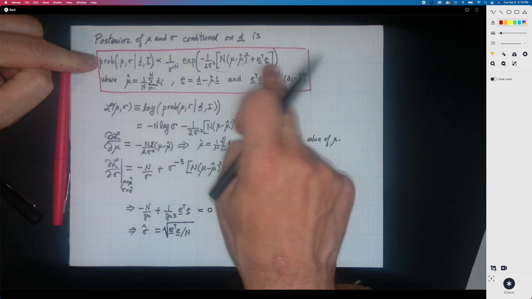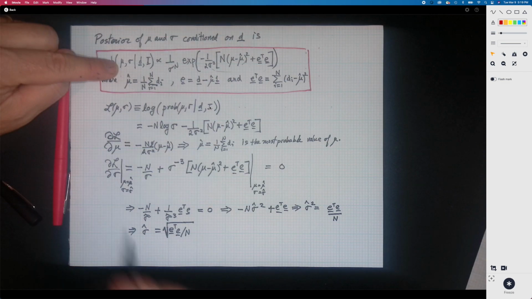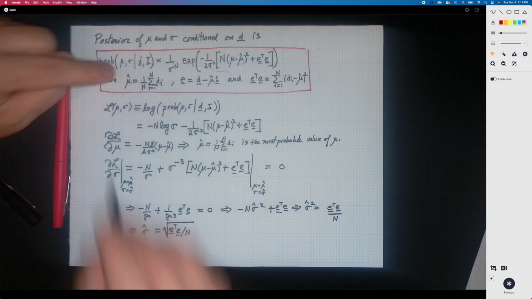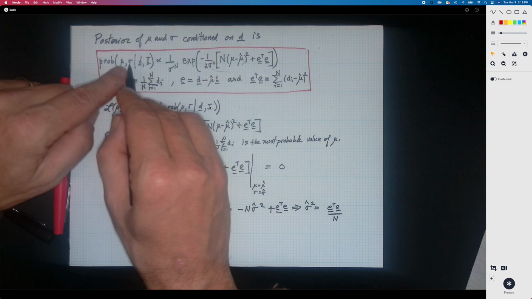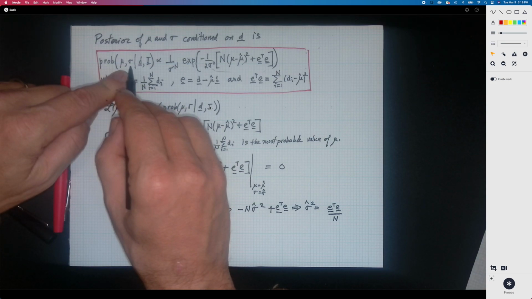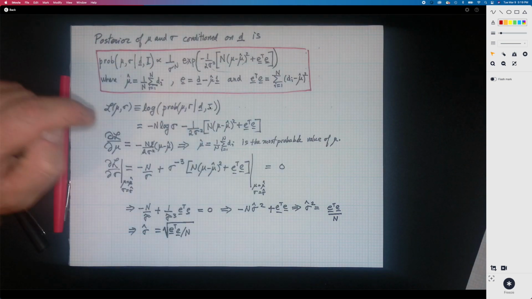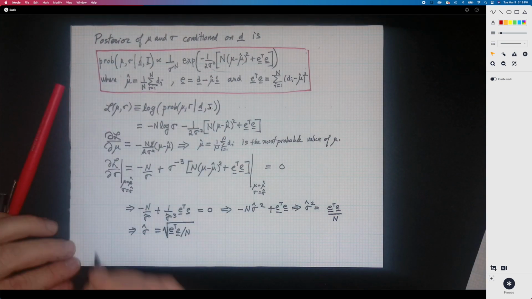But we can do more than that because we have the whole probability distribution function. So in fact, we can get a better estimate for the uncertainty of mu by first marginalizing out the value of sigma. If I integrate this function over sigma, then I will be left with the probability distribution for mu alone, independent of what sigma squared is. So marginalization.